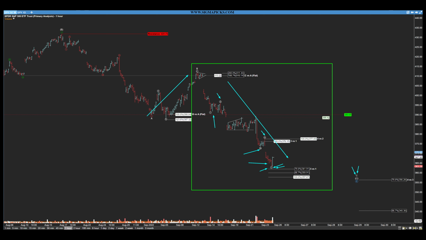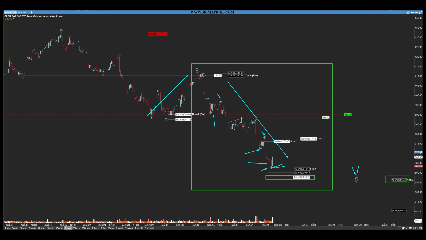What we do want to watch for is that this 357, if it starts going below this 362, which is, I think, the double bottom at that point, and if it starts going below that, we want to see it test this 357 zone or 356-357 zone, and hold support.